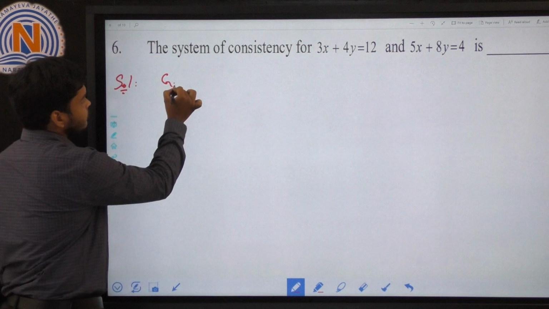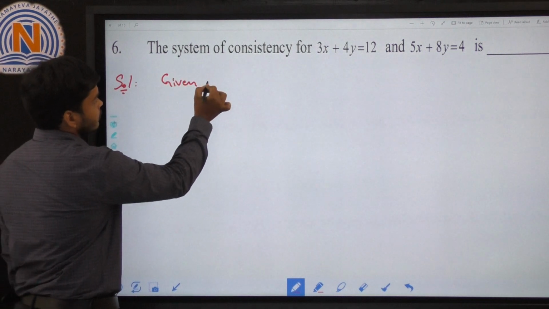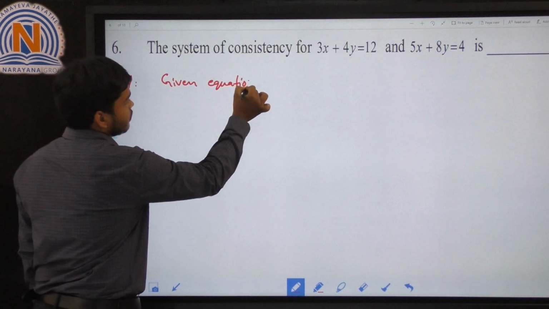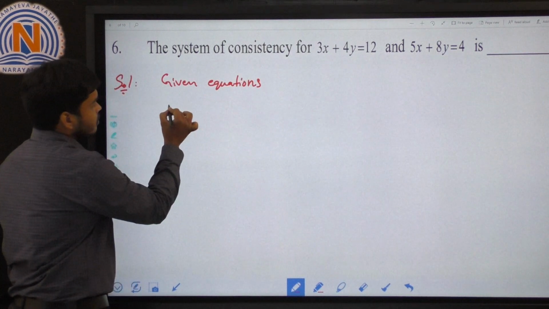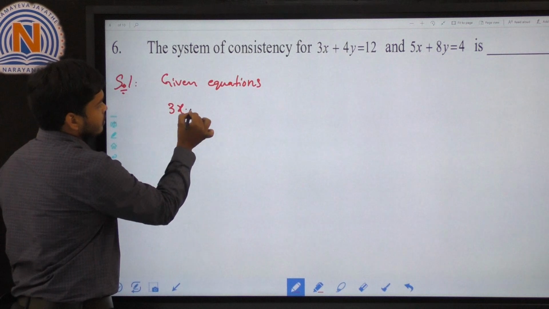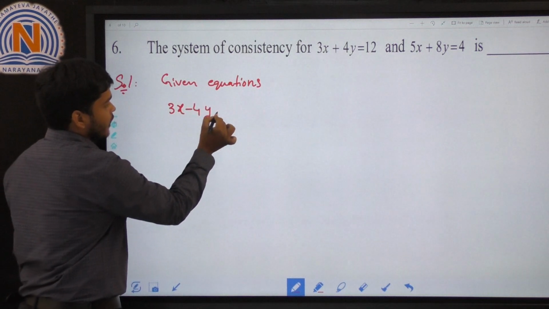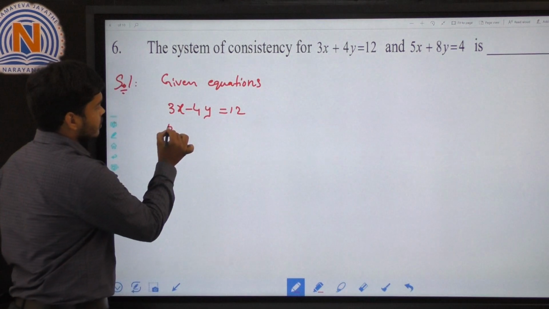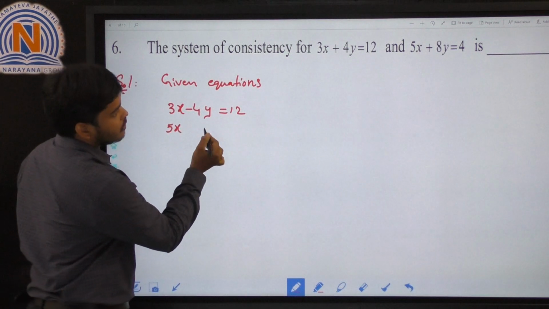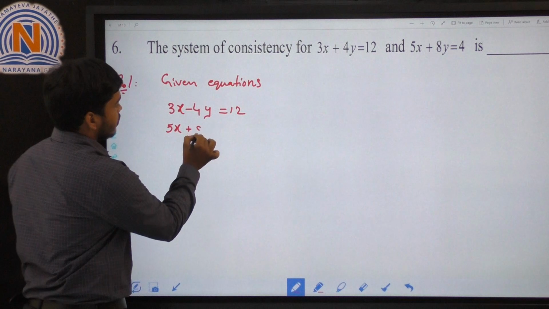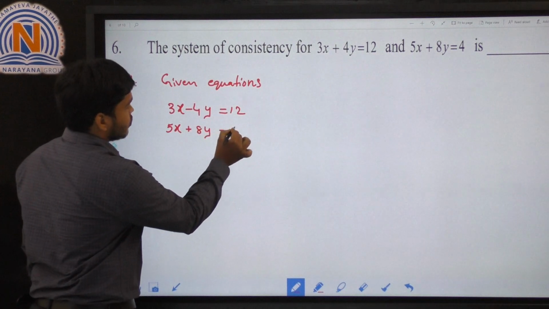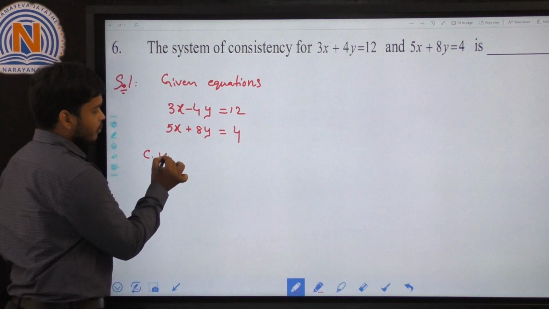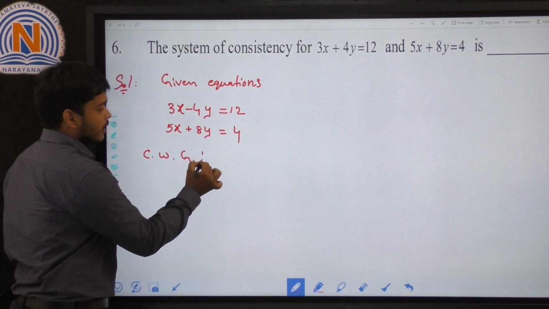Given lines. What are the given equations? 3x + 4y = 12 and the next equation is 5x + 8y = 4. Compare with the general equations.